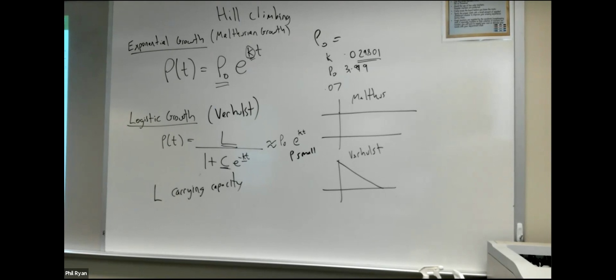Okay, and let's change K to what? 0.029801, and P naught to, was it 3.89? Okay, so what do we got here?